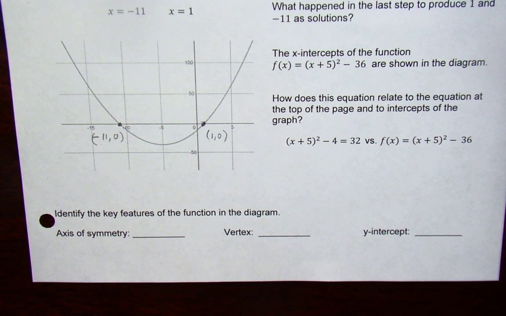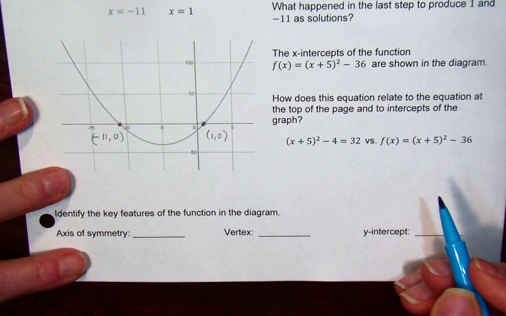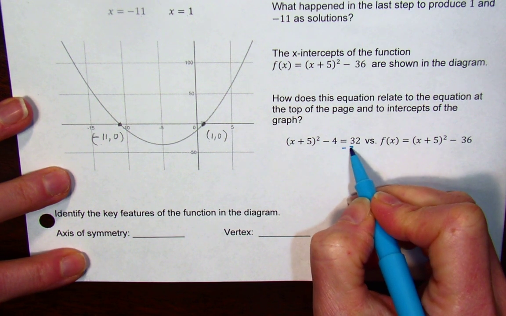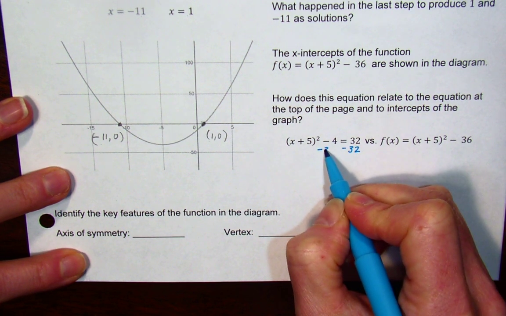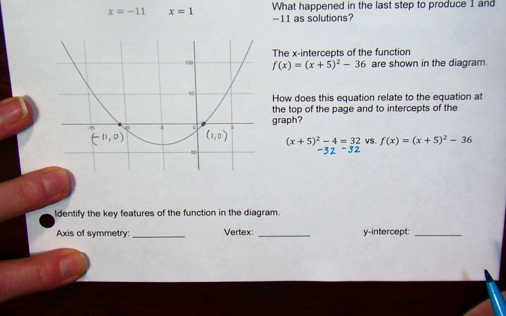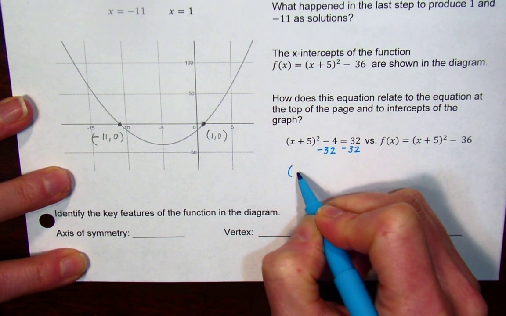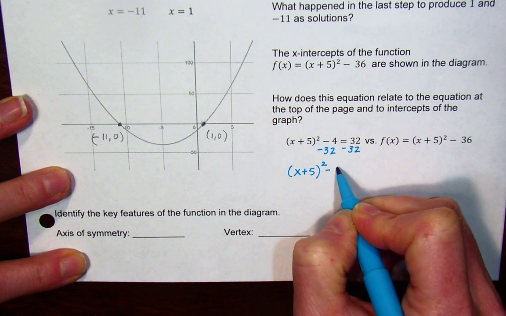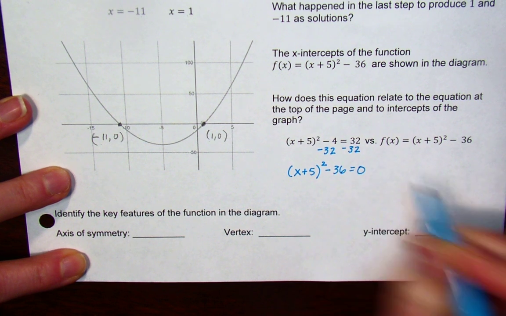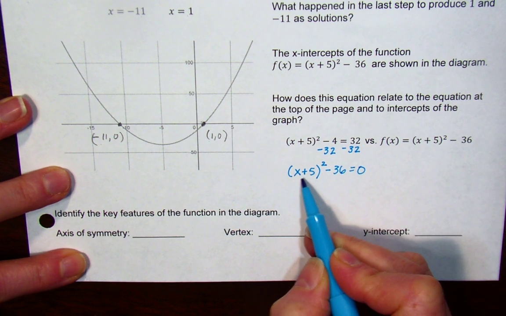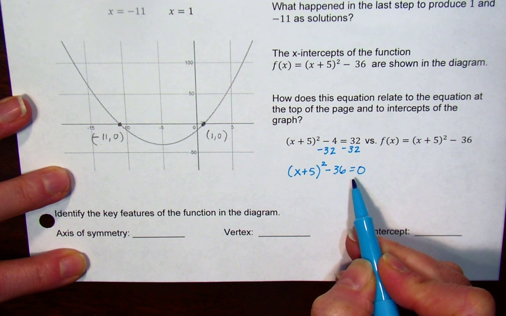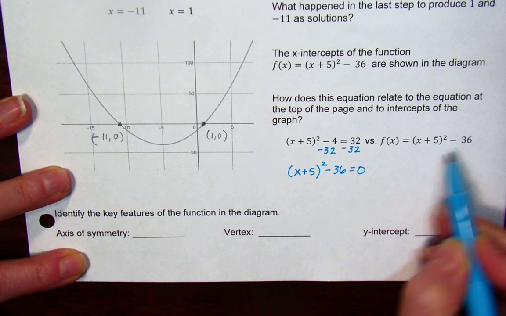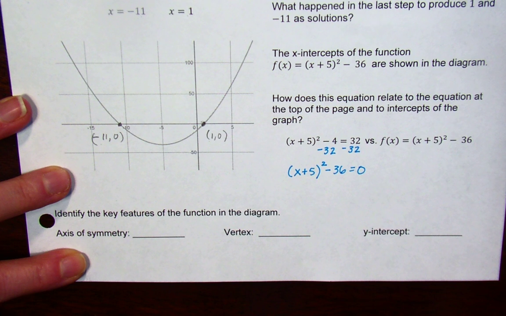How do these relate? Well, what would happen if I took the 32 and I used its inverse and moved it over to the left-hand side? Then I would have x plus 5 quantity squared minus 36 equals 0. And this equation is exactly the same as this equation, but f of x has been replaced with 0.